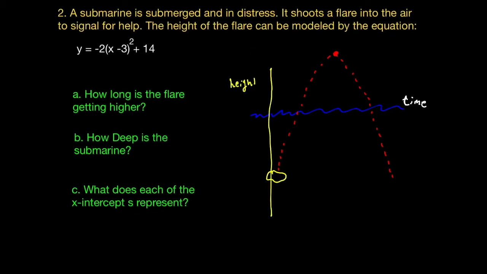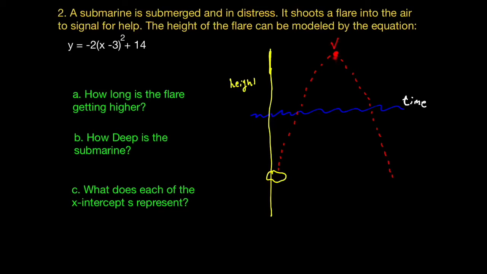I'm going to move the equation right here on the left, and looking at the diagram again, we can see that the flare, if we're looking at part A, is getting higher all the way up until we reach the peak, or until we reach the vertex of the parabola.